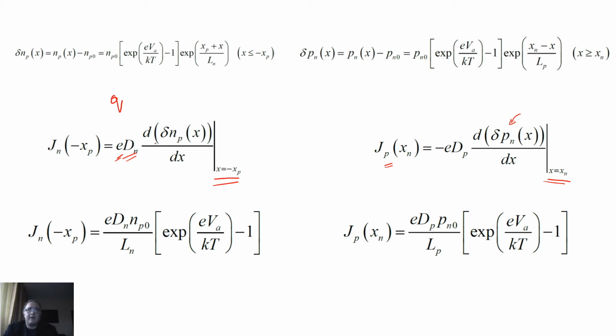If you do the mathematics, take the derivative of this with respect to x, you get this function, where L is, of course, the diffusion length, which is the average length in space for a minority carrier to propagate before recombining with a majority carrier. So the same equation, of course, for the holes. Again, we take the derivative with respect to space x of this function times the electron charge and the diffusion constant.